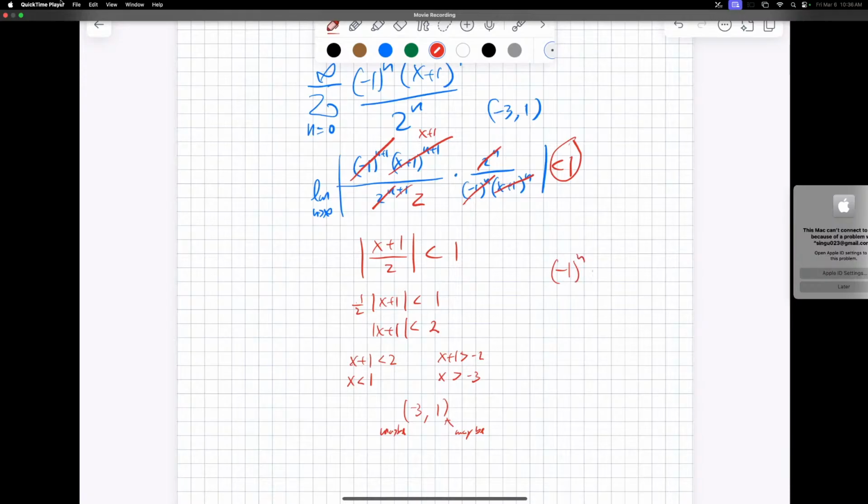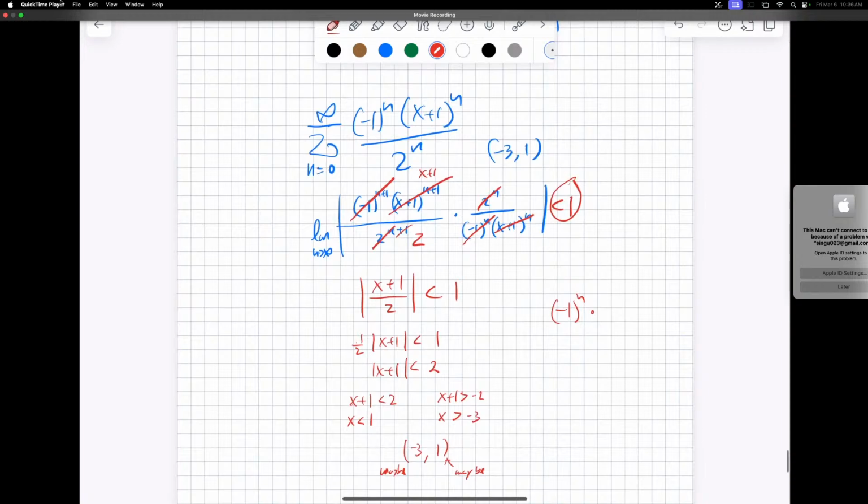So (-1)^n times this one's a (-2)^n, right? And over 2^n, right? But can we break it up? This (-1)^n times (-1)^n over 2^n over 2^n.